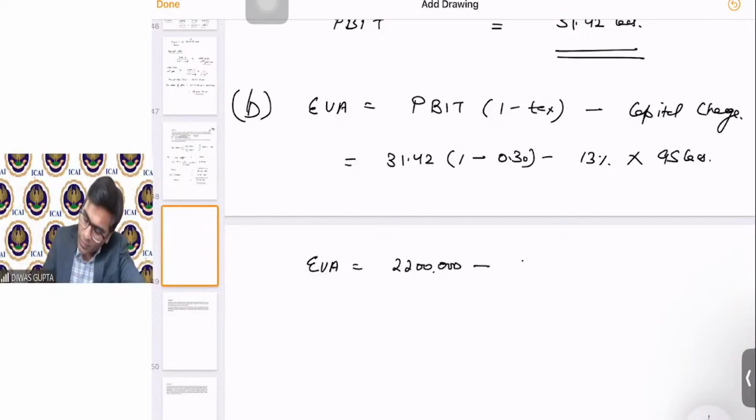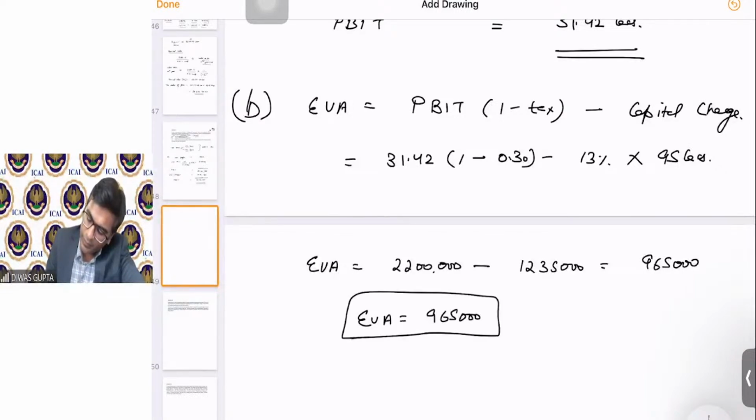So this is 12 lakh 35,000. This is equal to 9 lakh 65,000. So EVA becomes 9 lakh 65,000. Okay. Clear, students? Yes, Jyoti, you're right. 9.64 lakhs.